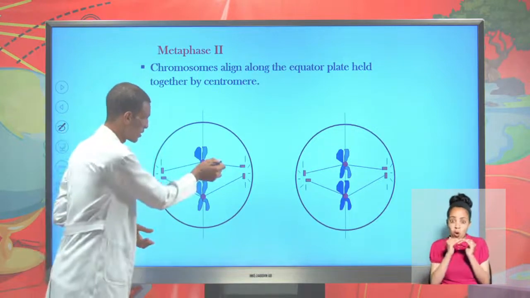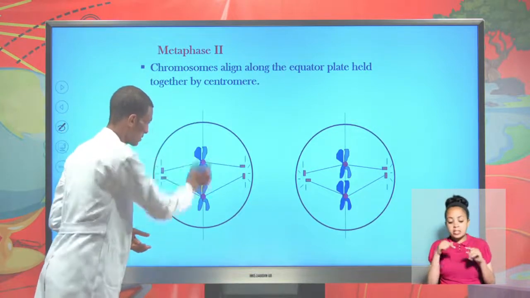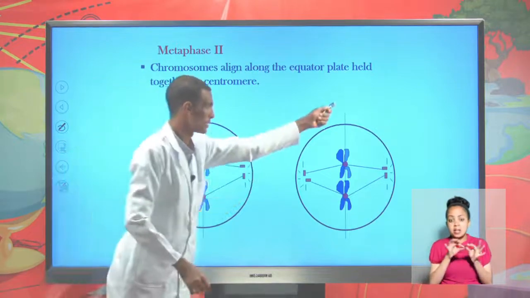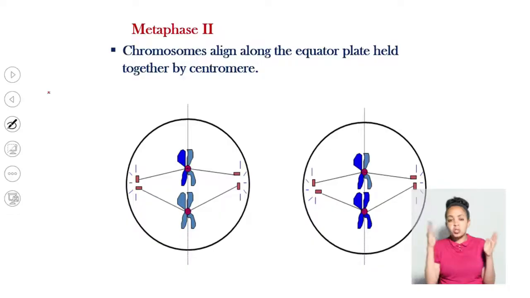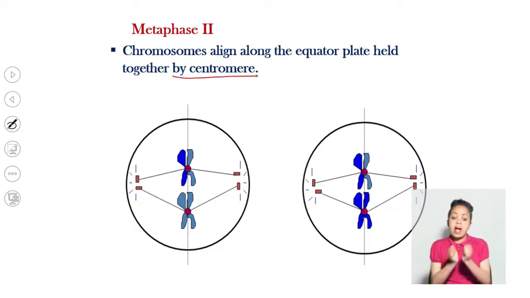They are arranged along the middle line, not at the pole sides. And again, the centromere holds them together. The centromere is very important in joining the copy with the original chromosome. This is what we call metaphase II.